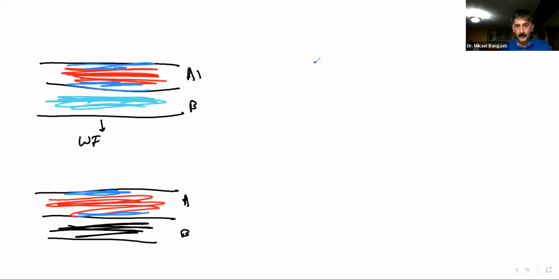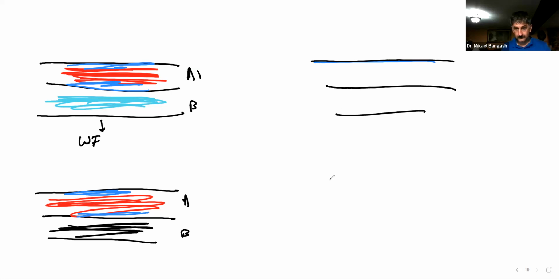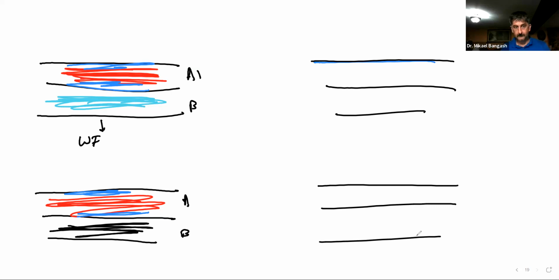Whereas in the same example, same blood vessels, in the top blood vessel we have aliasing, whereas in this lower blood vessel, B, we still have a low velocity.